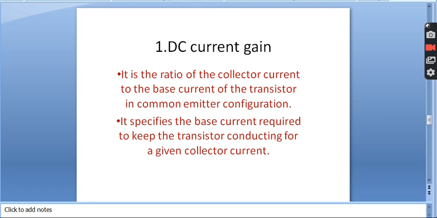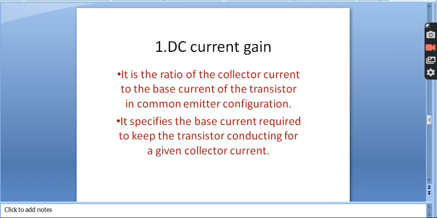The first one is DC current gain. This is one of the specifications of a transistor. It is denoted with beta DC. So what is DC current gain? It is the ratio of the collector current to the base current of the transistor in common emitter configuration.